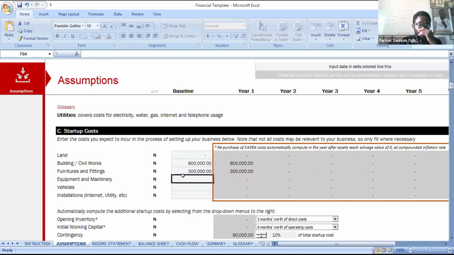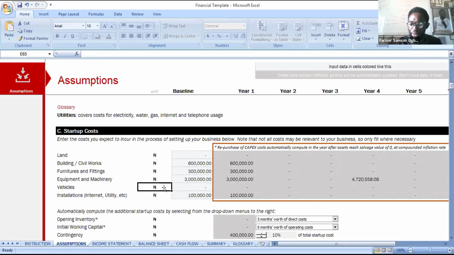Equipment and machinery: let's say the equipment that you need to start, let's put 3M for you. Vehicles, I don't expect you as a startup to need. Internet and all of those things, let's say you spend another 100,000 naira on that.